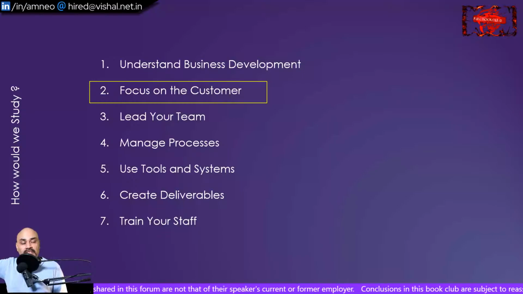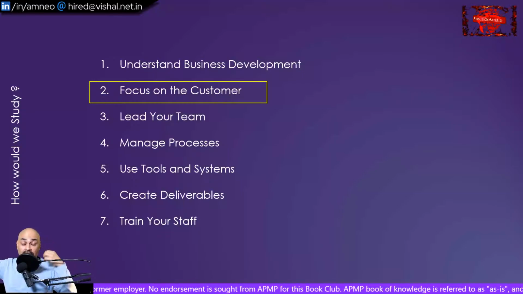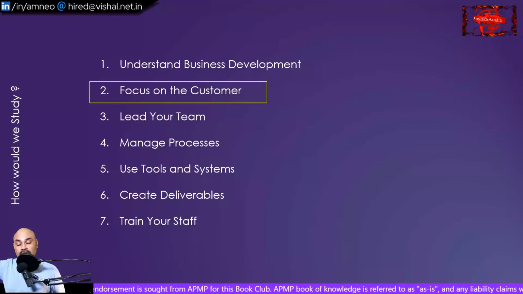So in understanding business development, we understood the processes that are prescribed. These are not mandatory. Incidentally, if your company is going for an ISO certification as well, let's say a certification for 9001, for example, you would be doing the same steps as you were doing in APMP, just to identify the objective of your organization, what you want to achieve as an organization.